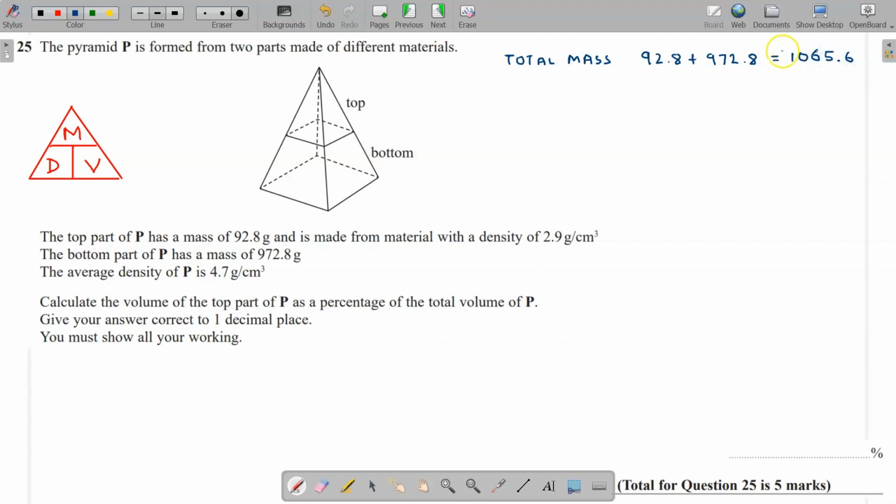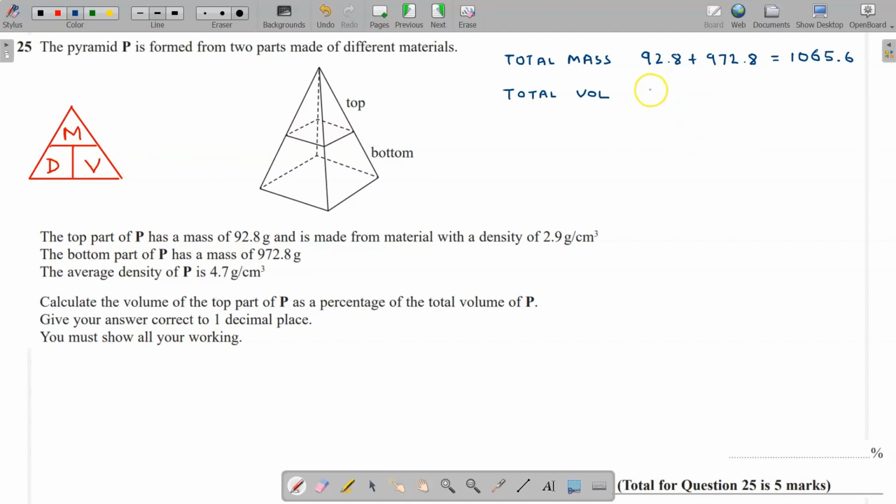That's the first step. Now the total volume of the whole thing is going to be the total mass divided by the density, you see, mass divided by density is volume.